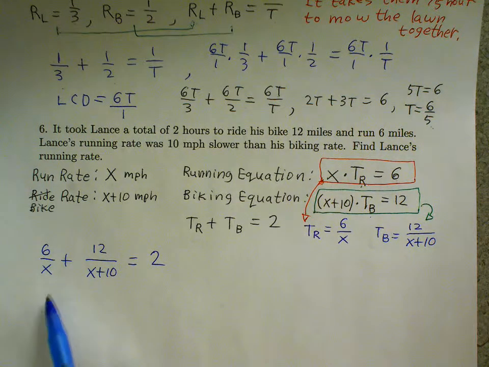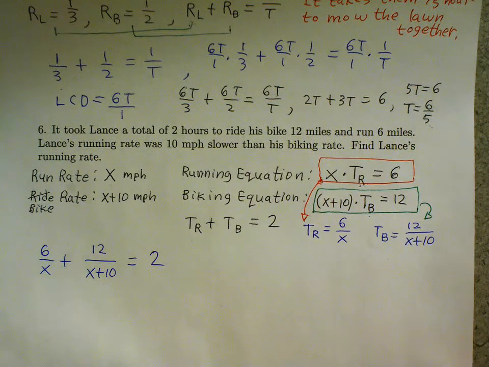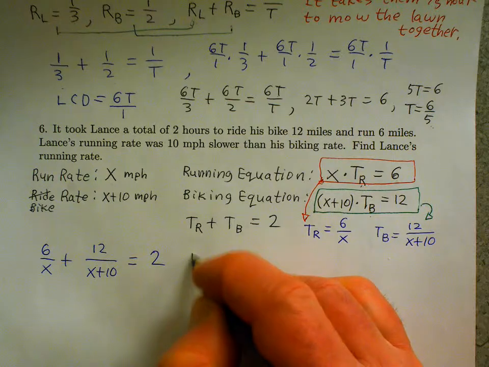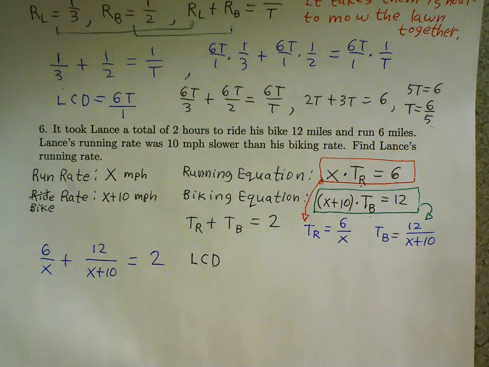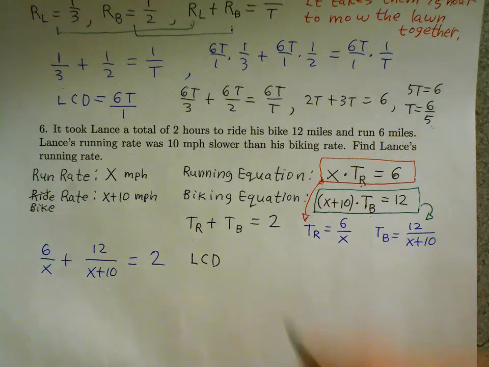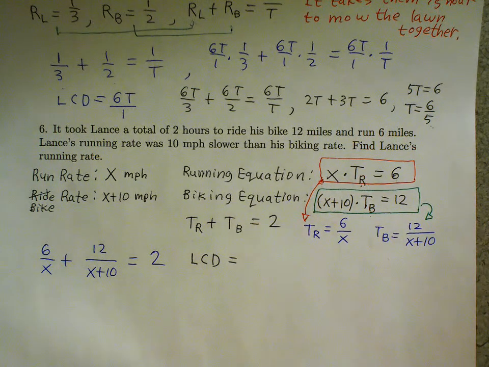Now we have an equation whose only variable is x. This is an equation with rational expressions. The variable that we want to solve for appears in 2 different denominators. So the technique that we've been discussing for the last couple of days: we find the least common denominator, the least common multiple of the denominators, and then we'll clear the denominators by multiplying every term on both sides by the least common denominator.